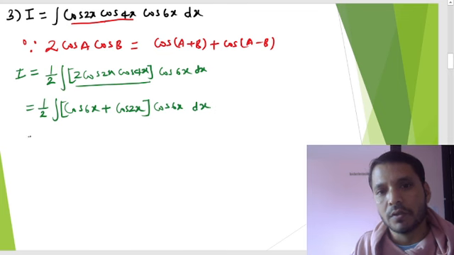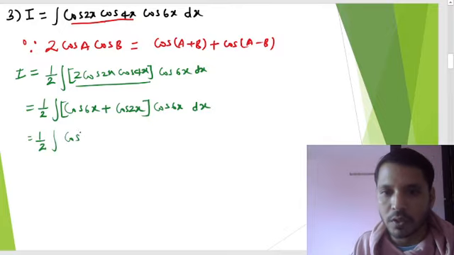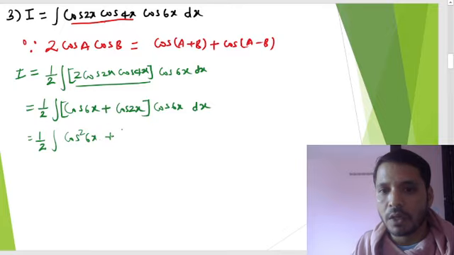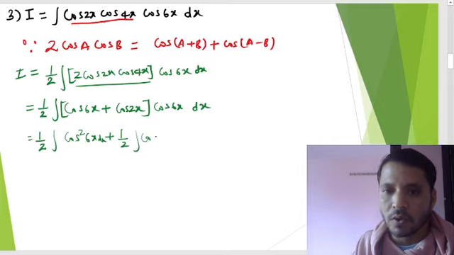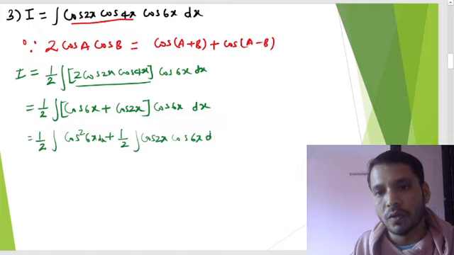Now we are going to open the bracket here. Integral of, it will become cos square 6x plus 1 by 2, and here dx. So 1 by 2 integral of cos 2x into cos 6x into dx.